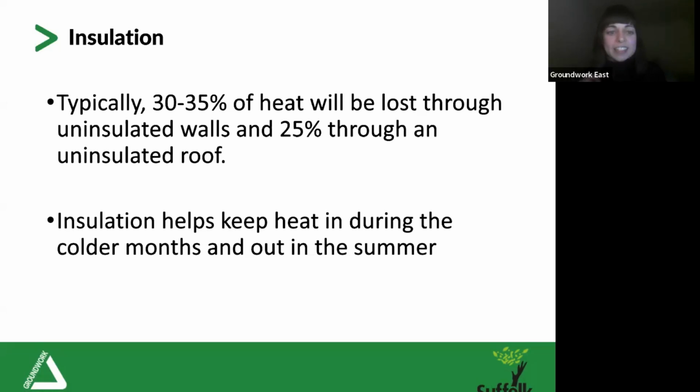And when we're thinking about the difference insulation makes between the colder months and summer, some of you might have examples of this to add, but I remember when I lived in an end of terrace house, and before we moved in, we were lucky enough to be able to strip all the walls.